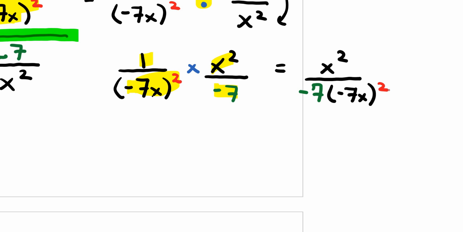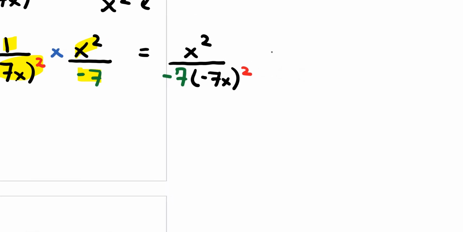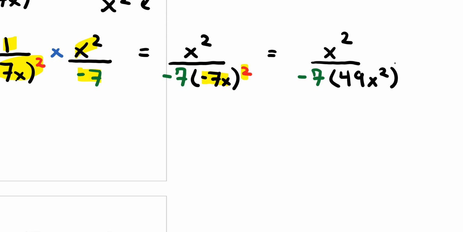Okay, so there's still quite a bit going on there, so let's see if we can continue simplifying this, because there's still a little bit more work to do, and I'll repeat this example again using a different method here. But what I realized here too is -7 times -7x to the power 2, if I write that out, that's the same thing as 49x squared.